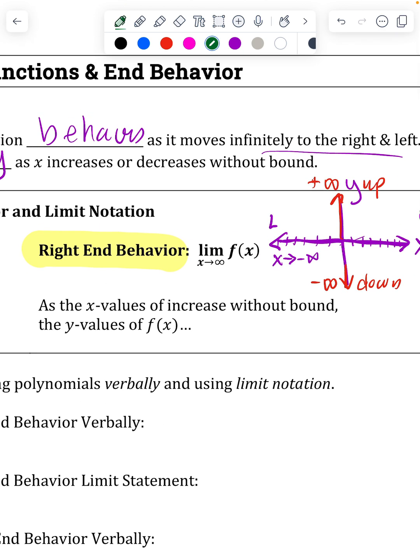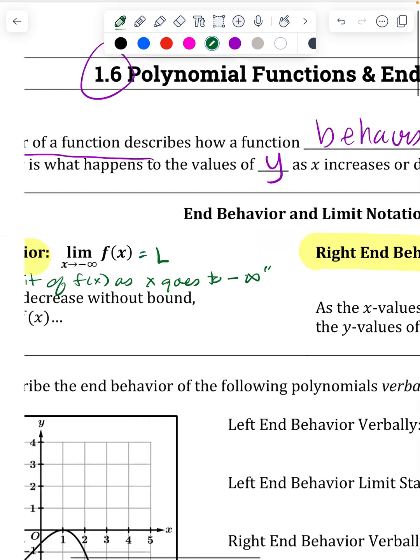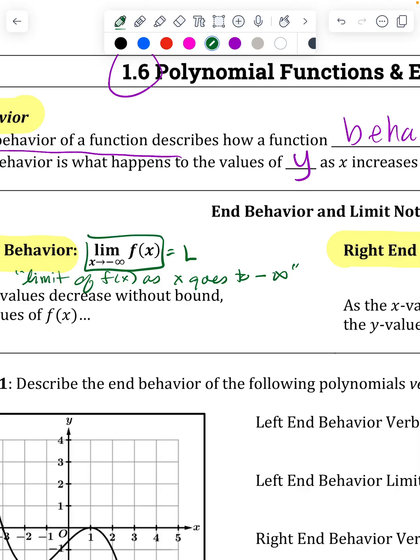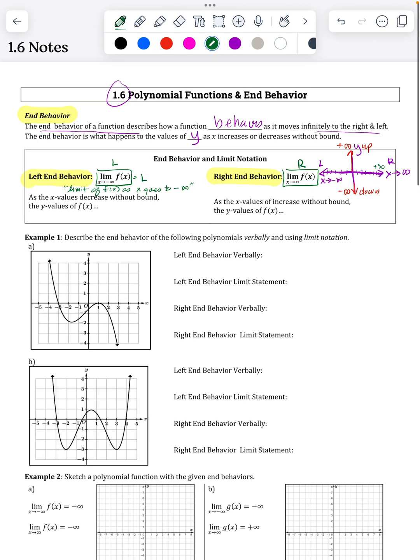Here, the right end is the same concept, but it's the limit of that function as x approaches positive infinity. So that's what it's doing as it goes to the right. You want to be able to read this and think, oh, they're asking me about the right end, and then read this as asking what the left end is doing. So that's an essential concept. I'm going to go ahead and highlight that in green because I need to know that later.